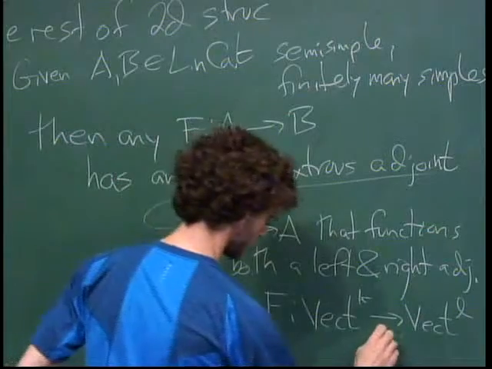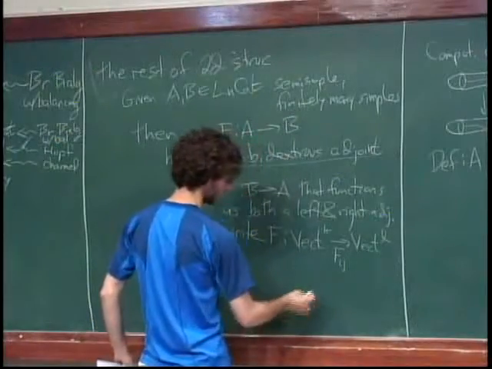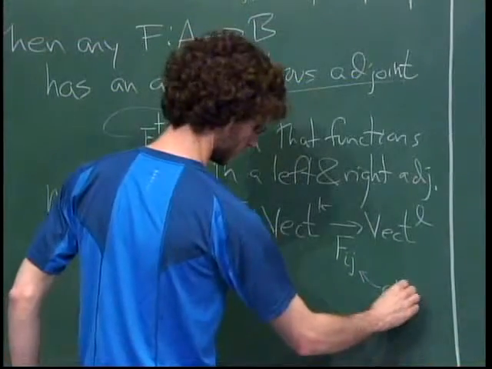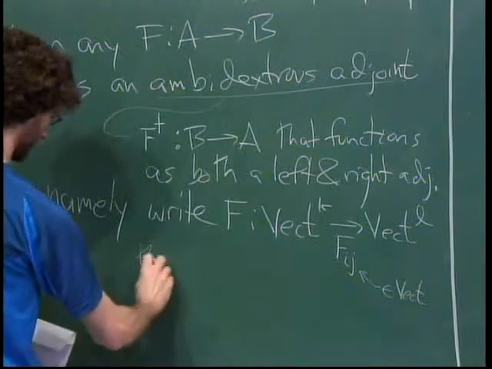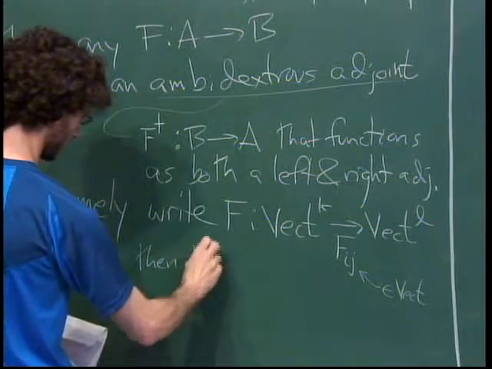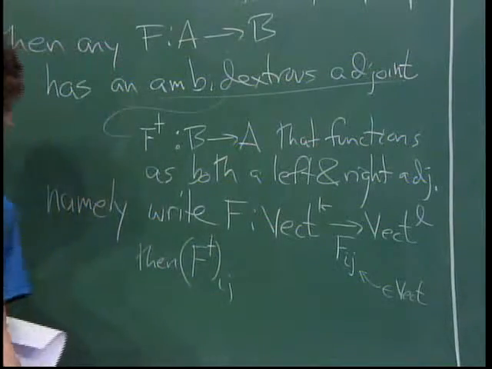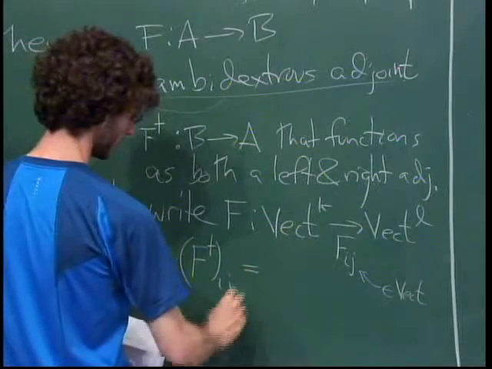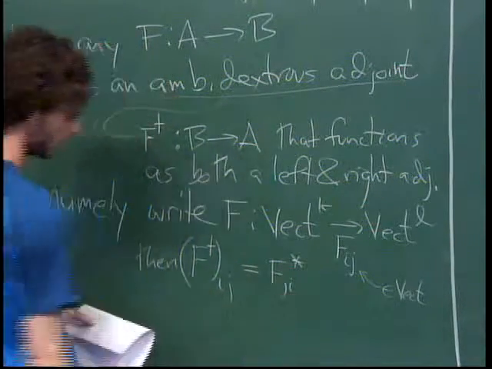I can encode this by a matrix F_ij, where each F_ij is itself a vector space. Then, if I've written things that way, the ij entry of the adjoint functor is F_ji star.